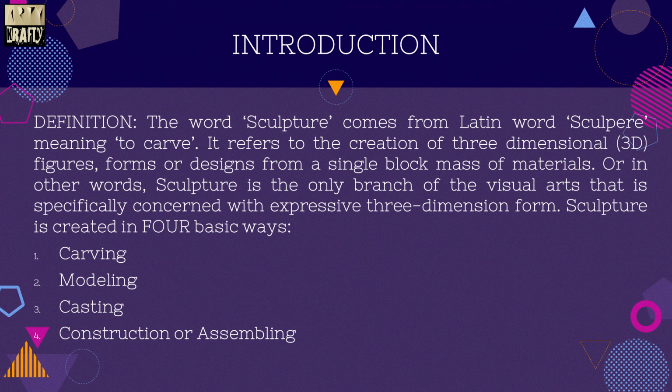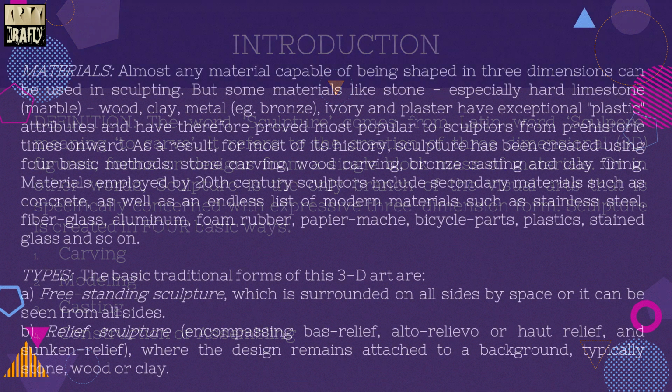Or in other words, sculpture is the only branch of the visual arts that is specially concerned with expressive three-dimensional form. Sculpture is created in 4 basic ways: carving, modeling, casting, construction or assembling.